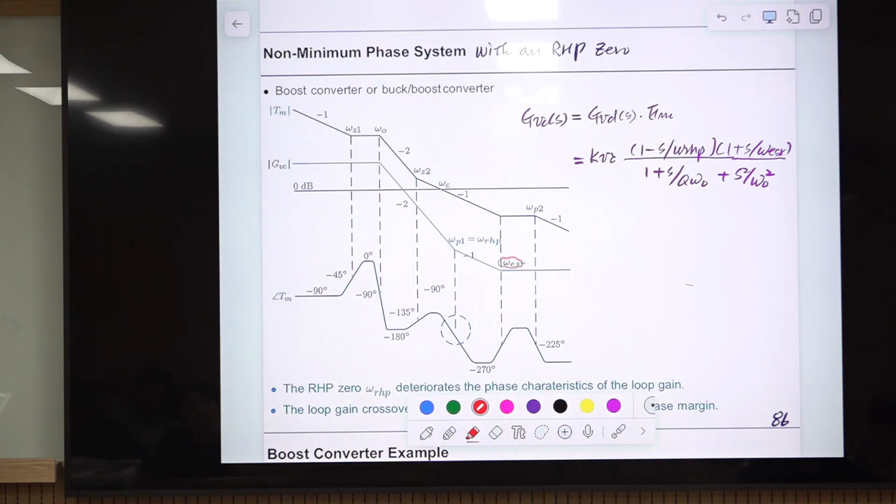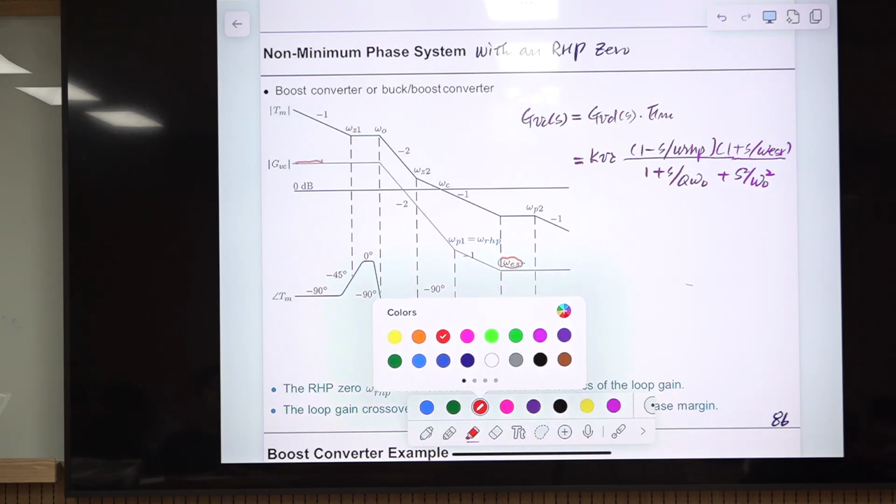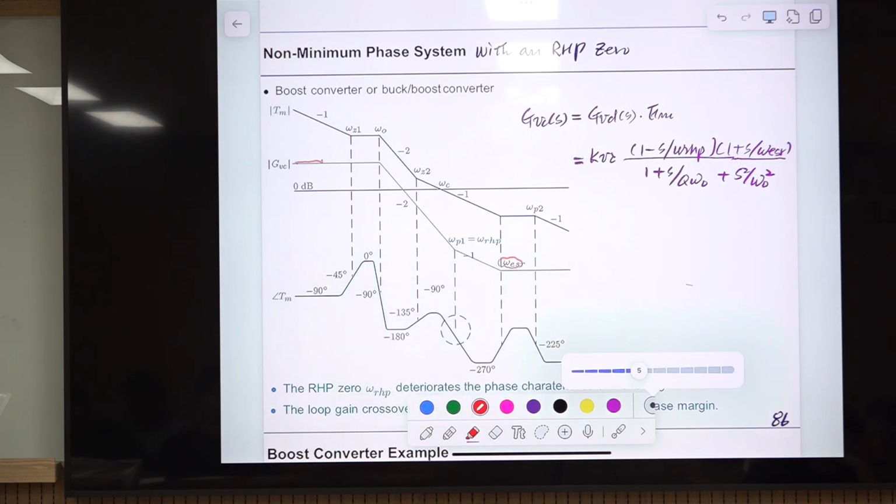The control to output transfer function goes to a -2 slope here. So it goes like this, and there is no RHP zero, so the -2 slope goes down to here, and it has the ESR zero, so the slope becomes -1. This is the case of the buck converter.